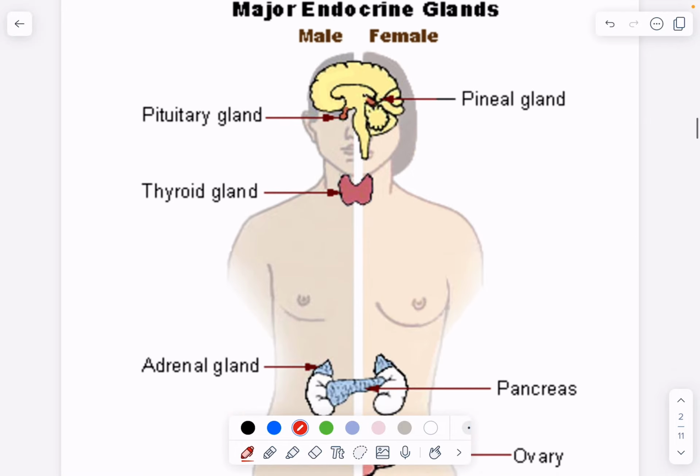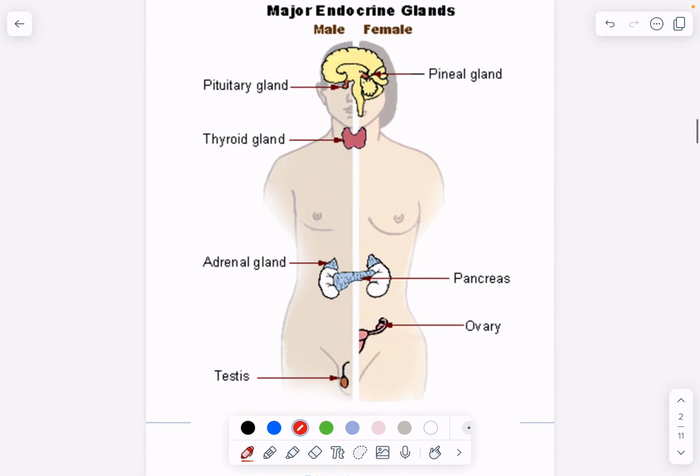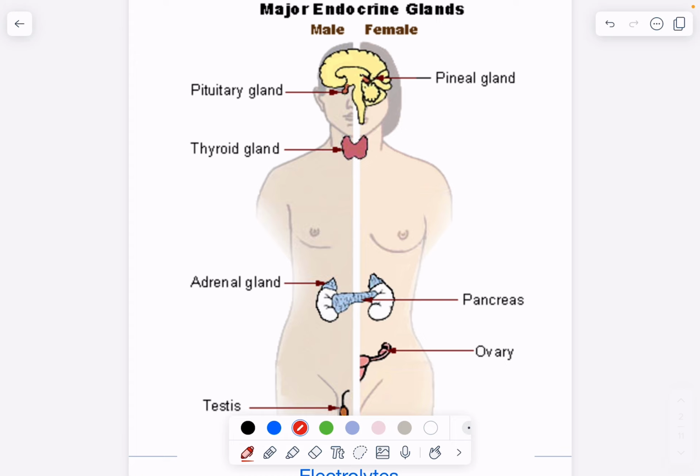So let's take a look at the major endocrine glands in the human body. As you can see, we have end organs that are under control of the pituitary hormones. So we have the hypothalamus, which releases something called releasing hormones.